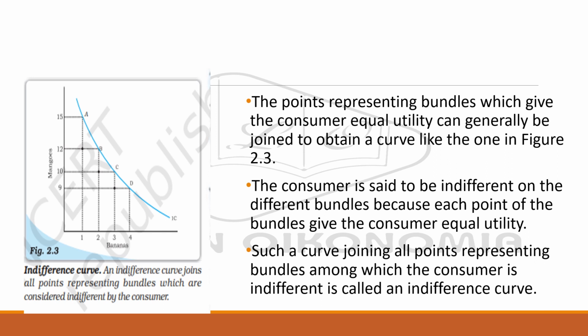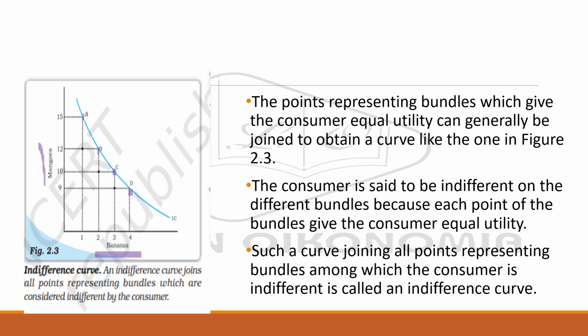Here you are measuring two commodities: on the x-axis you are measuring banana, and on the y-axis mangoes. Each point on this curve, point A, point B, point C, and point D, gives you a different combination of both mango and banana, and the consumer is said to be indifferent between different points on this curve.